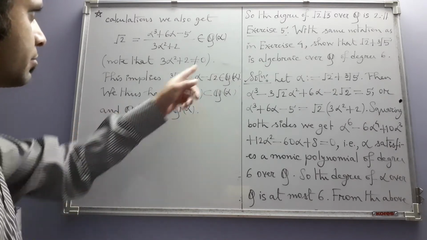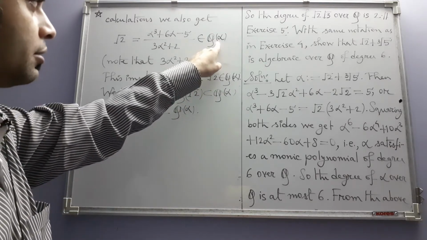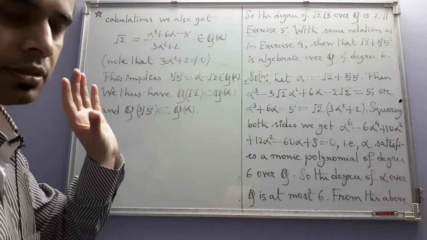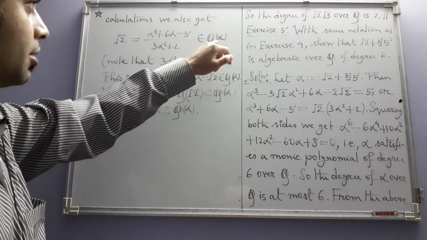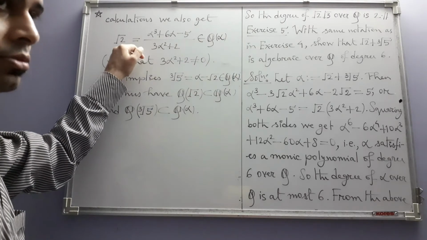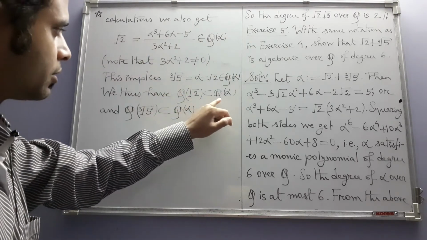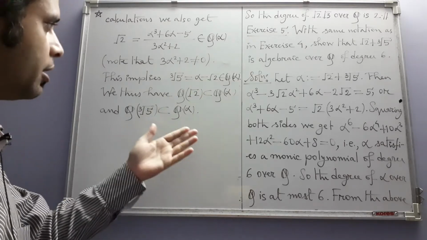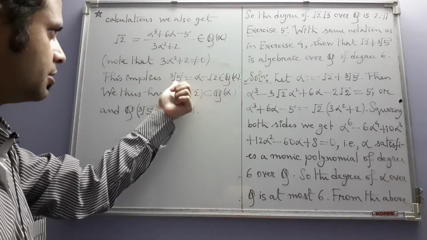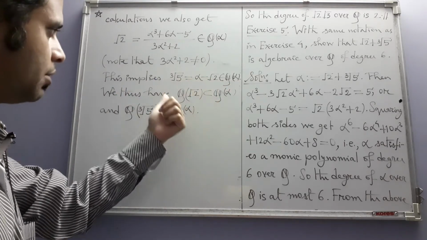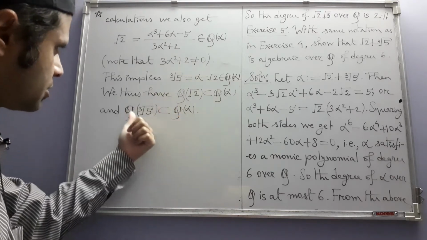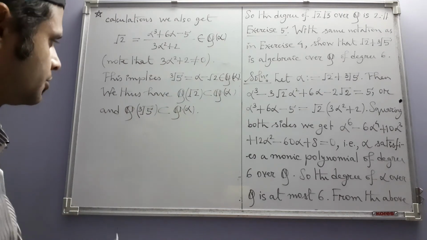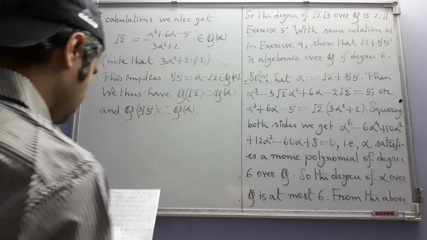Because you see, this extension, of course, contains the field of rational numbers Q as a subfield, but at the same time it also contains root 2. So it will contain the smallest subfield containing both Q and root 2. Similarly, since it contains this as an element, it will contain the smallest subfield containing Q and cube root of 5. So that's how we are getting these two things.